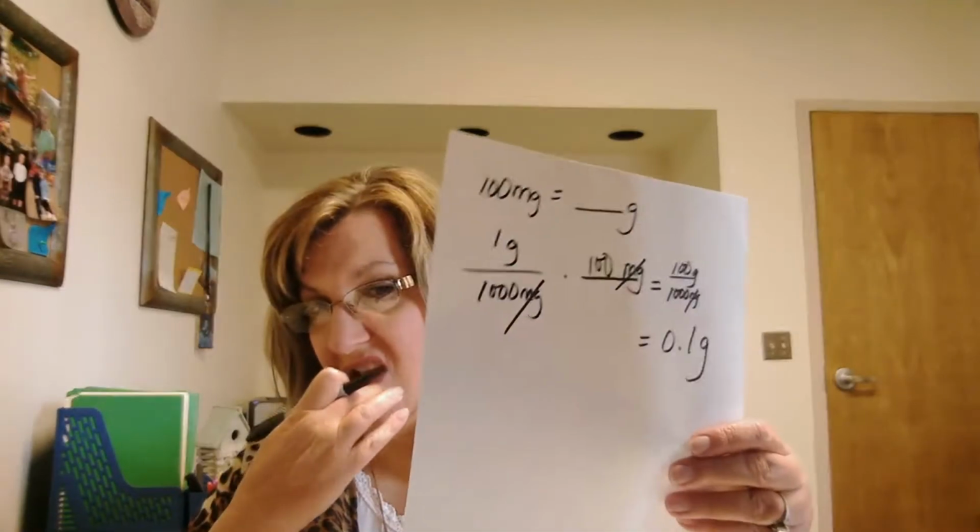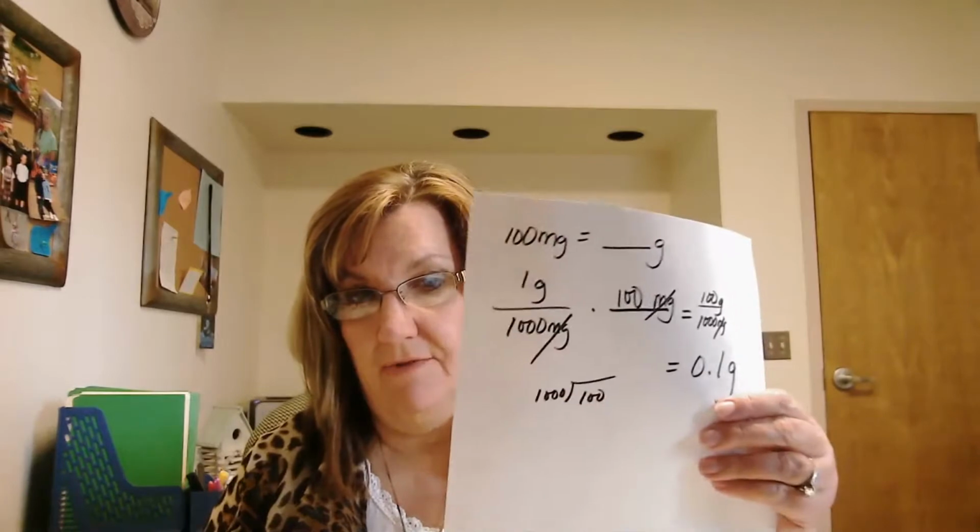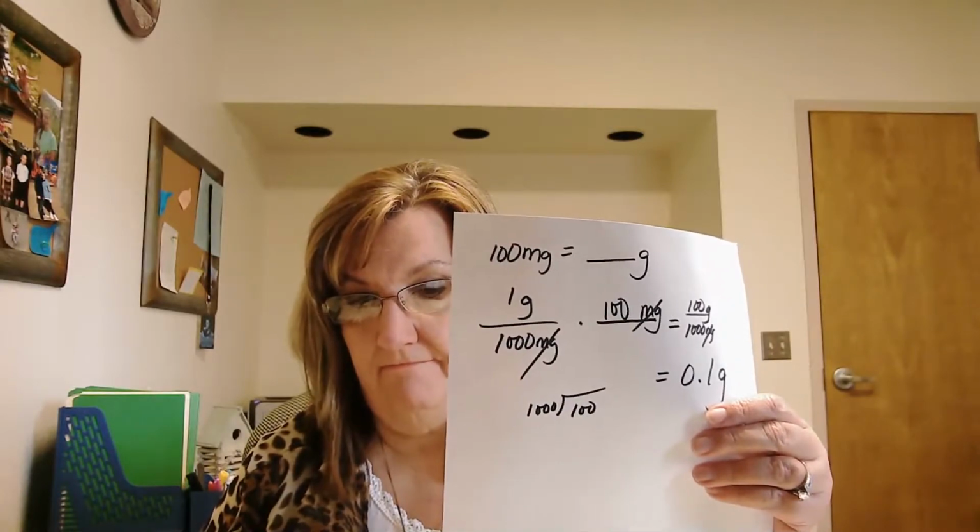So it's going to give us 0.1 grams. So how did I get 0.1? You divide 1,000 into 100, right? And it's going to give you 0.1. Everybody with me? All right.